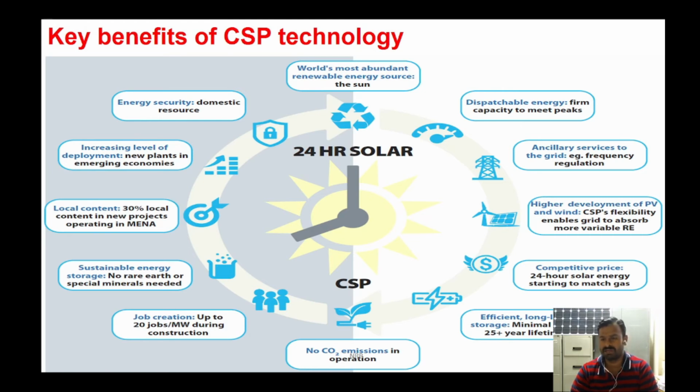So maximum you may get 5 to 6 hours of peak generation from the solar photovoltaic, and in the night, evening and morning time it produces very little or almost zero power.